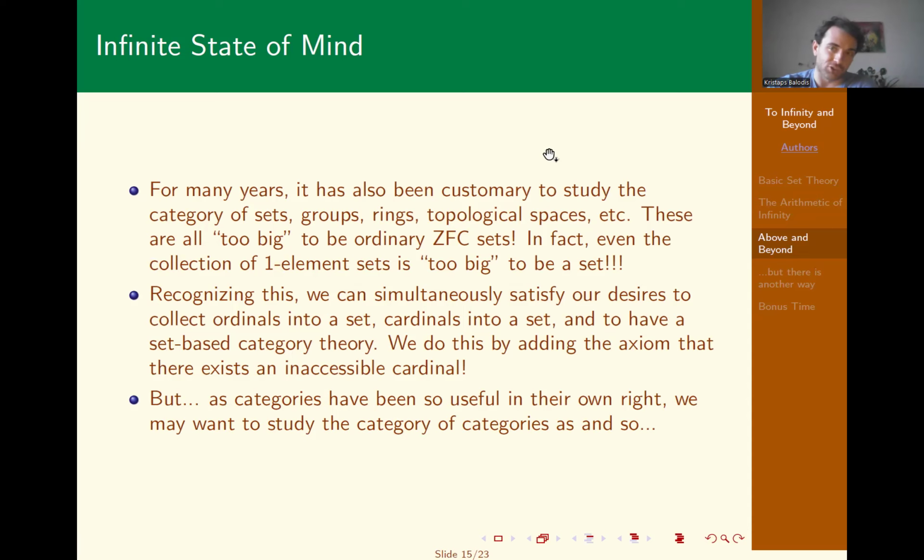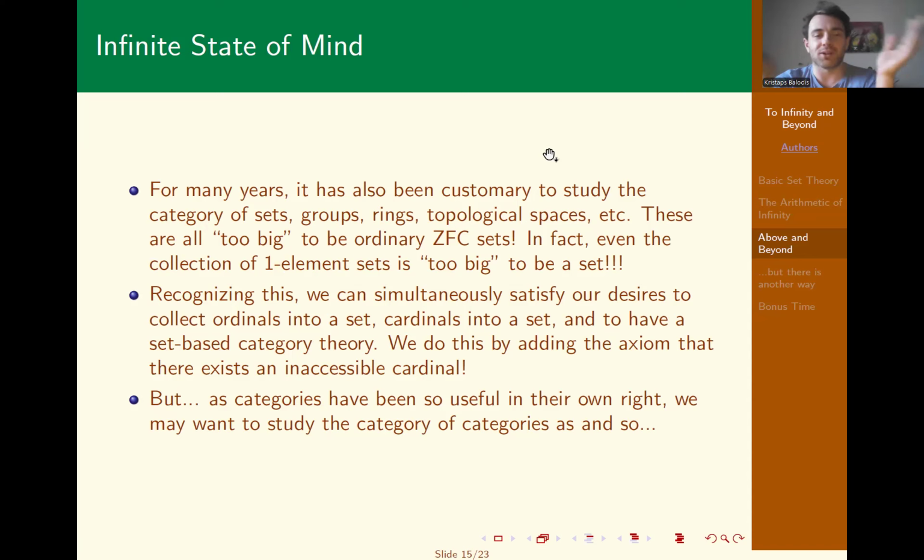But what if you wanted to study the category of all categories whose objects are allowed to be as big as is allowed for a set, on the order of kappa, our inaccessible cardinal that we've posed?